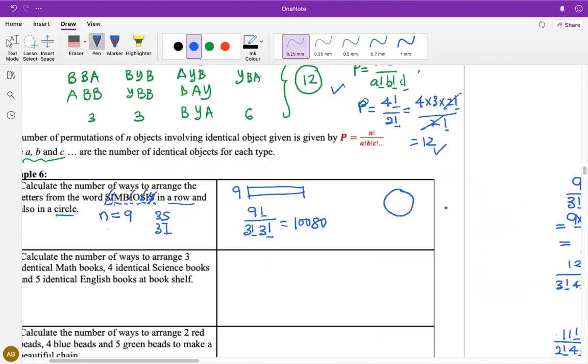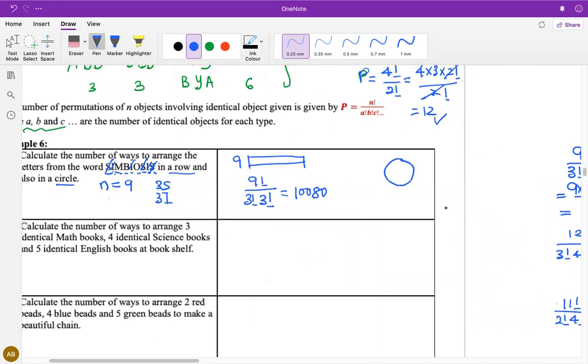In a circle, it is n minus 1 factorial over a factorial, b factorial, and so on. So this one, okay, we check first. So there are 9. Okay, we fix 1.